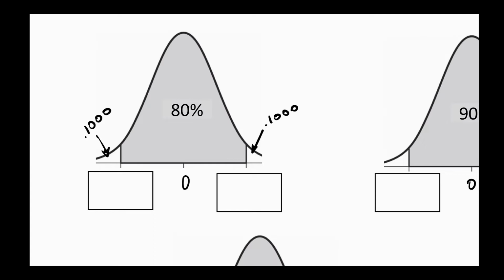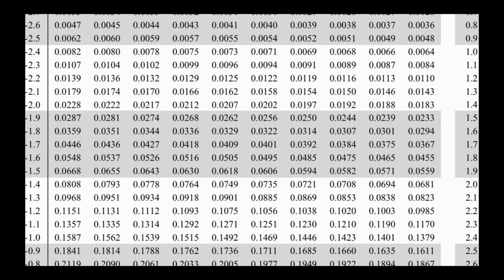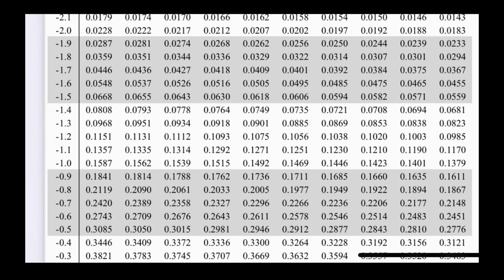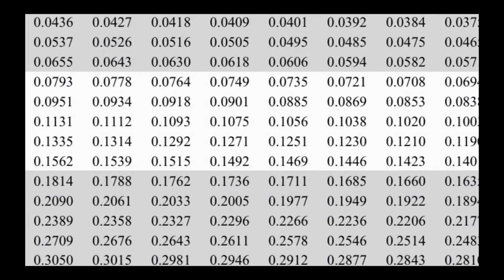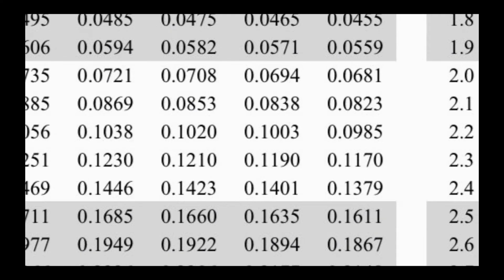Good. So let me get my z-score chart up here. The closest thing to 10% is going to be on the left side. It's probably this one right here. 1.28. Okay, I got it right. You put the negative. Yeah, I did.